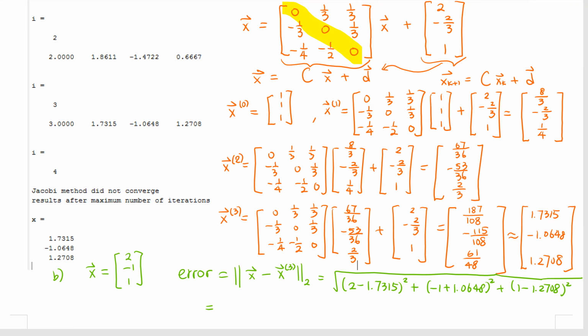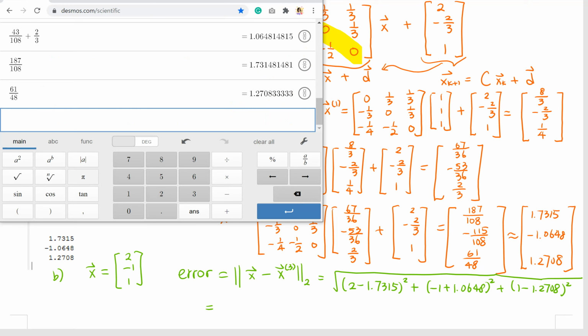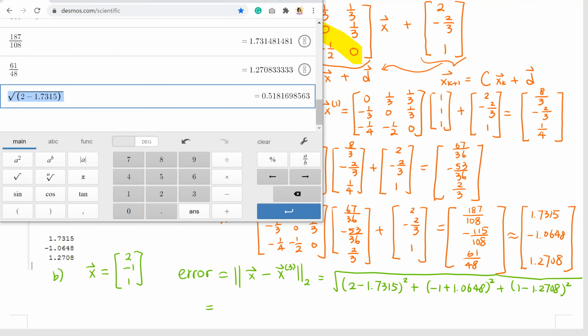Okay, and what is that? Calculator. Square root of, and then we have 2 minus 1.7315. Okay, I pressed enter by accident. It's okay, we can continue here.